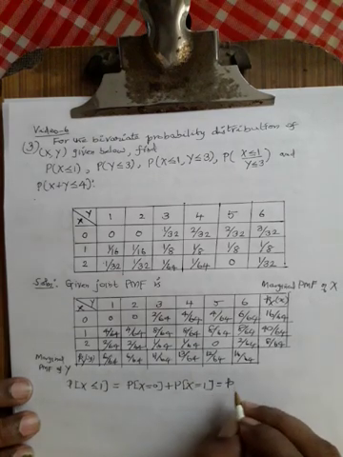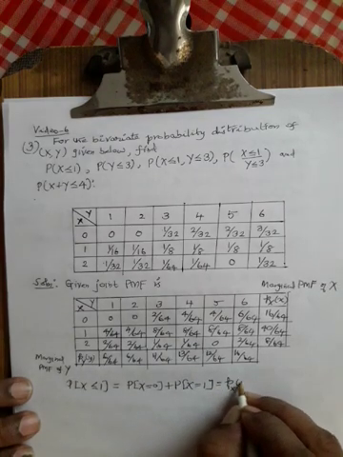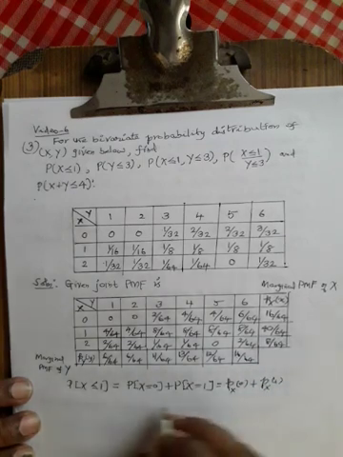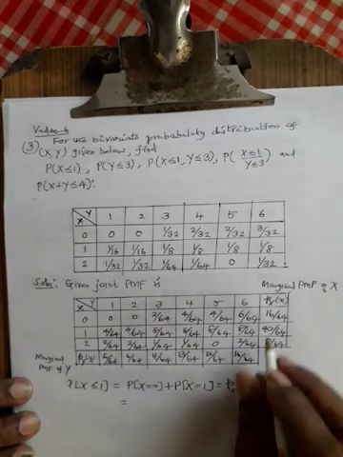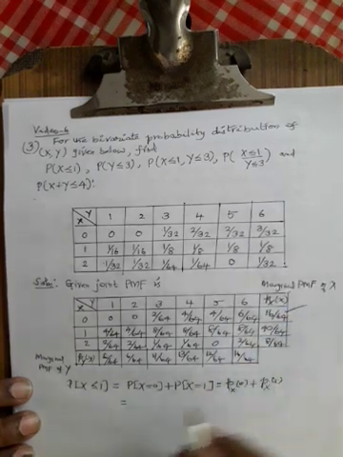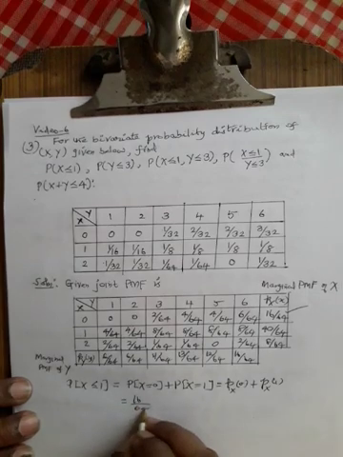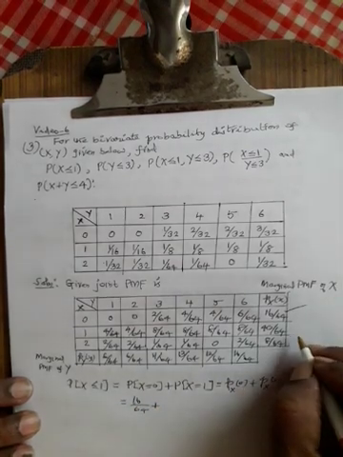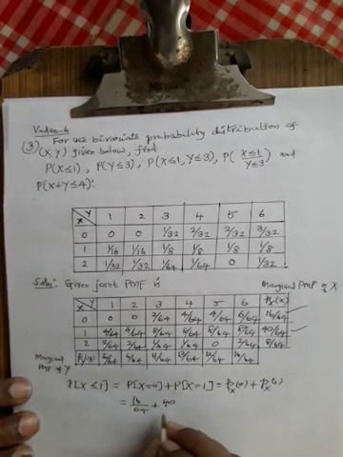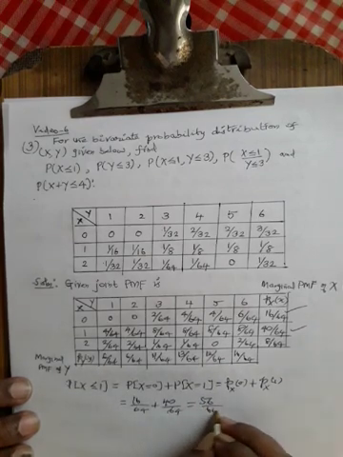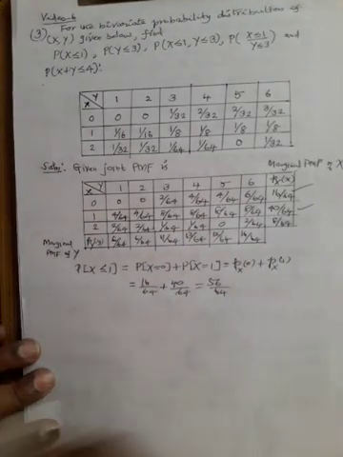This is our px of 0 plus px of 1, the marginal px. 16 by 64 plus px of 1, 40 by 64, equal to 56 by 64. Whenever you want to simplify, you can simplify, no problem.